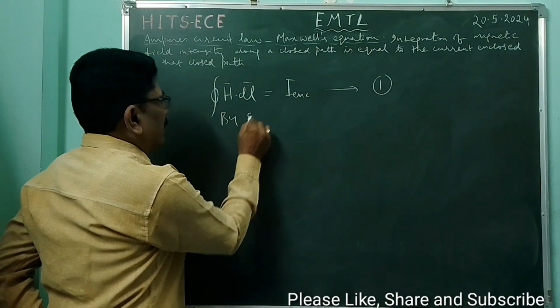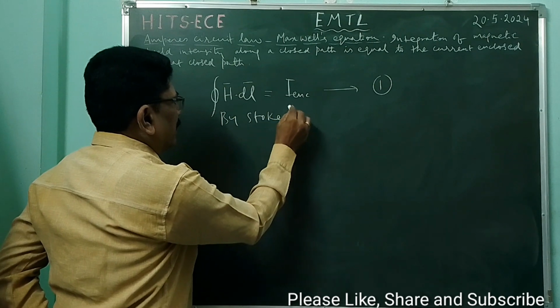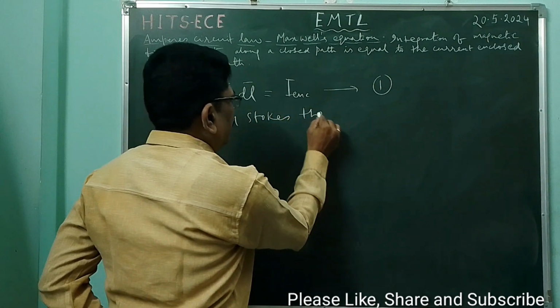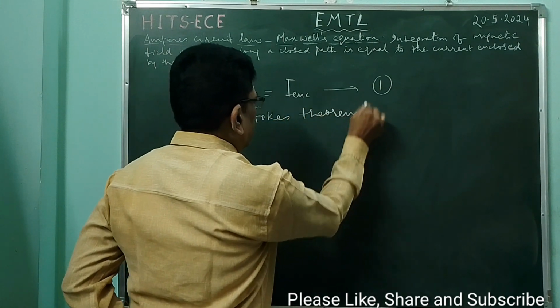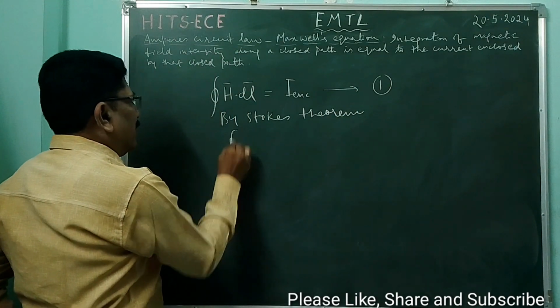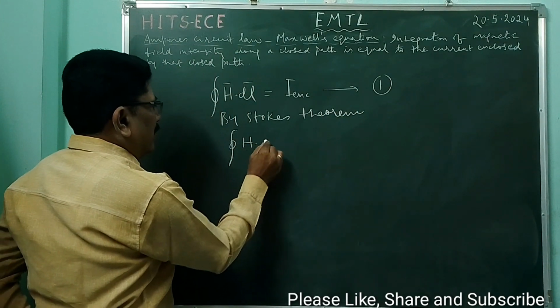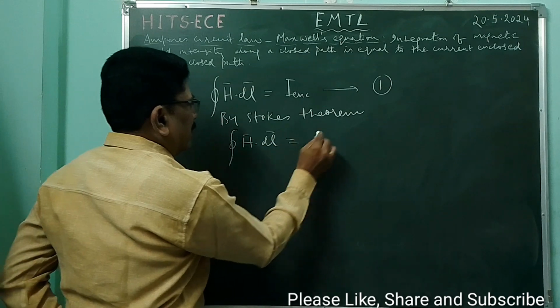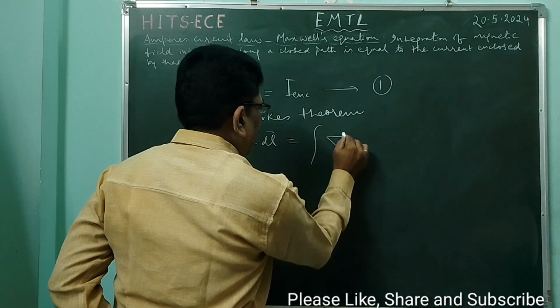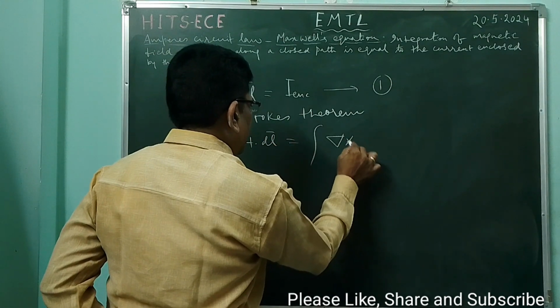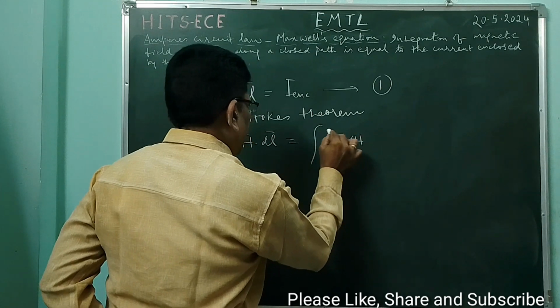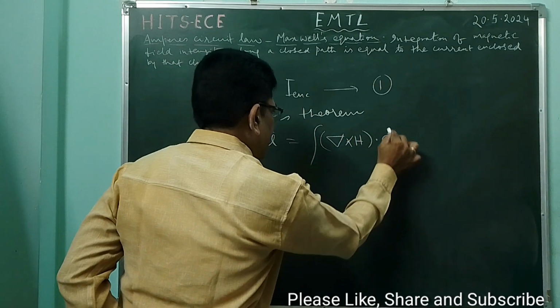By Stokes theorem, integral H dot dl is equal to integral del cross H dot ds.